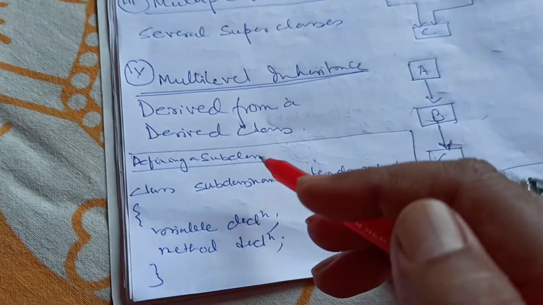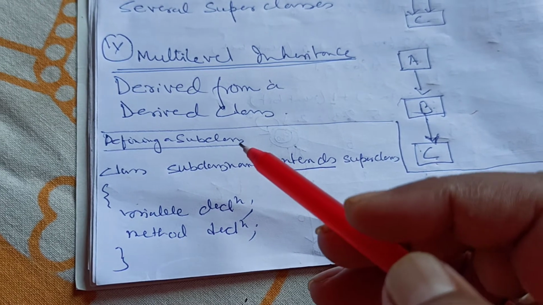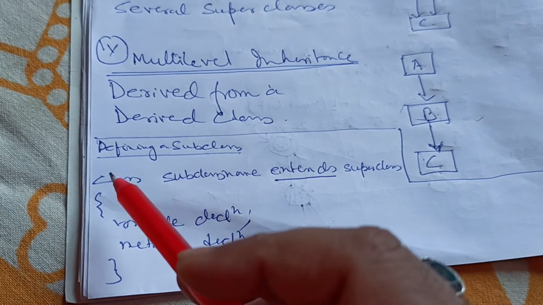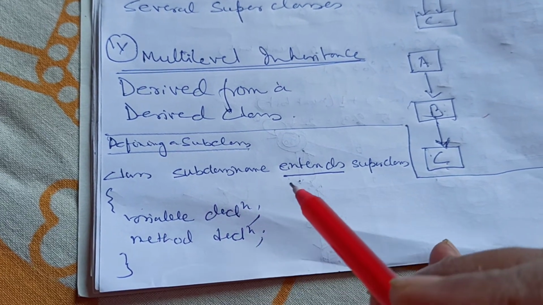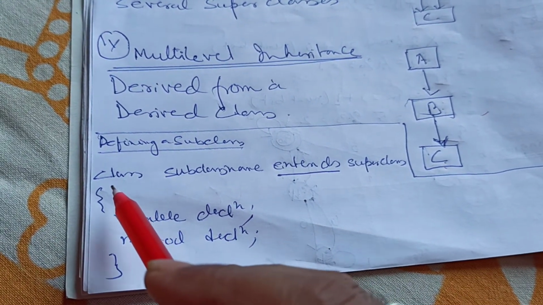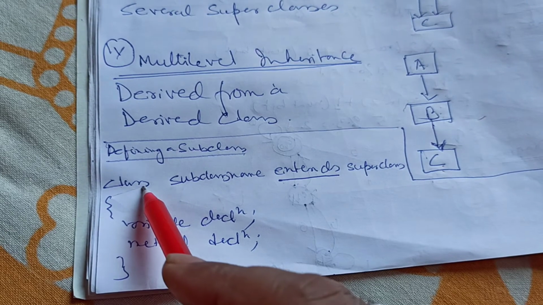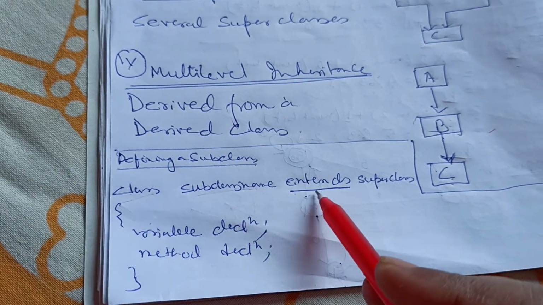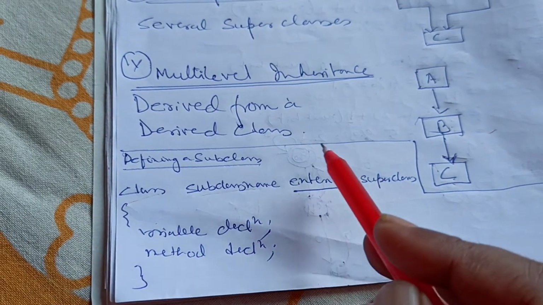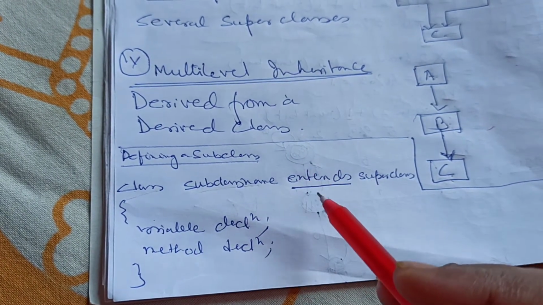Now what is the format of deriving a class? This is the syntax or format of deriving a class. First is the class keyword, then the subclass name, then the keyword extends. This is very much important. Extends actually inherits.